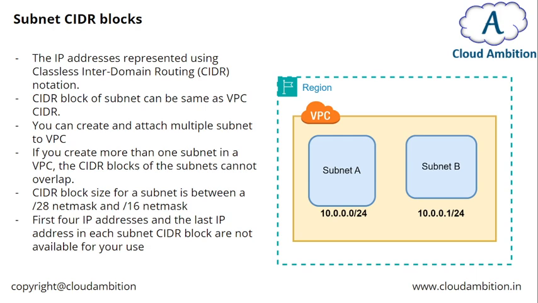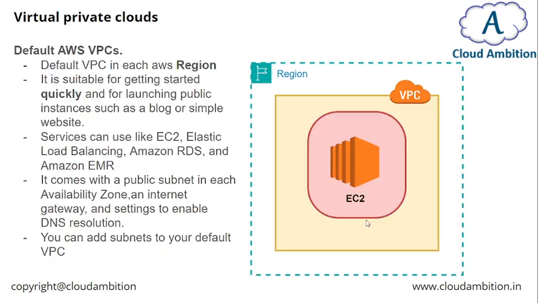Whenever you are creating your network, your VPC or your subnet, make sure to account for the first 4 IPs and the last one, because they have to be reserved when you are creating your resources.